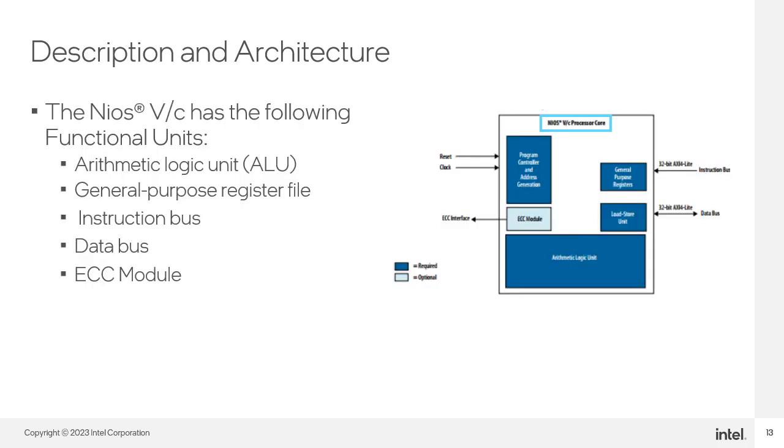The option with Nios V-C being a compact microcontroller is the small Nios V version with non-interrupt driven control application. The Nios V-C has the following functional units: arithmetic logic unit, general purpose register file, instruction bus, data bus, and ECC module.